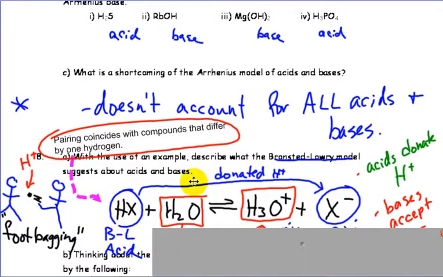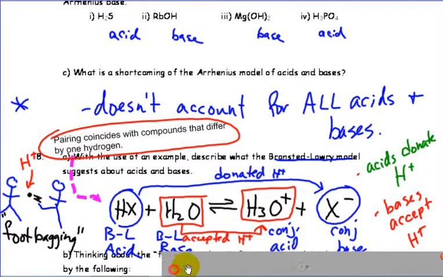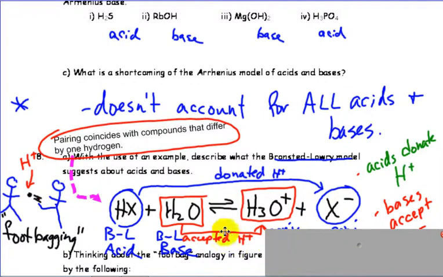Therefore, we say that that is the Bronsted-Lowry acid, or BL acid, because it donated an H. It's like it tossed a foot bag over to someone else. Whereas here, H2O becoming H3O must have accepted an H. It received an H, because how else did it go from H2O to H3O? So we call that the BL base, the Bronsted-Lowry base.